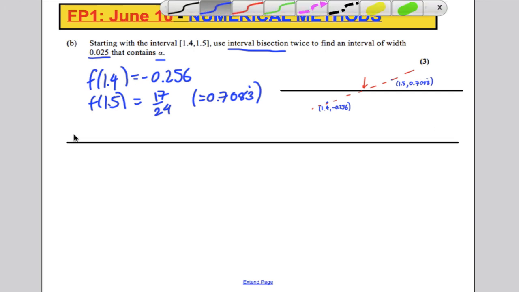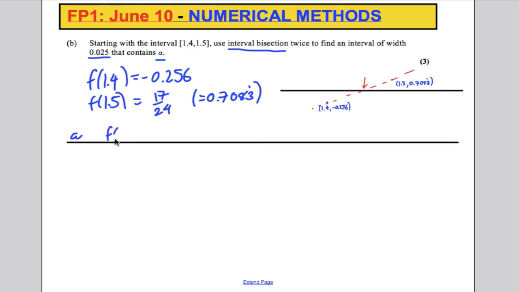The first thing we do is we state our A and we work out our f of A. Then we state our B and work out our f of B. Then we work out A plus B over 2, and we work out f of A plus B over 2. Okay, and then we're going to decide which new interval to use, etc.